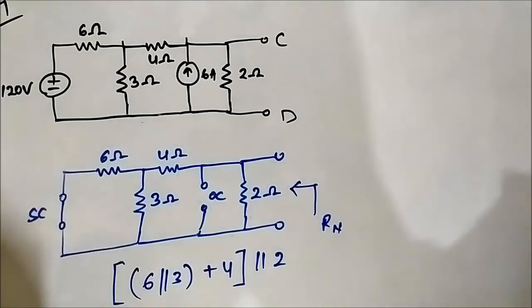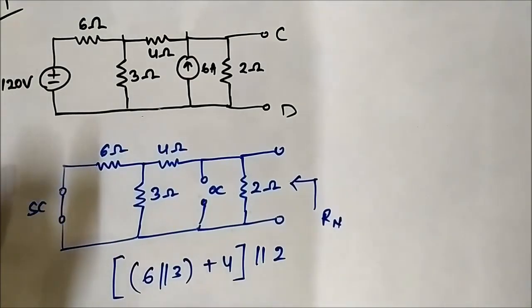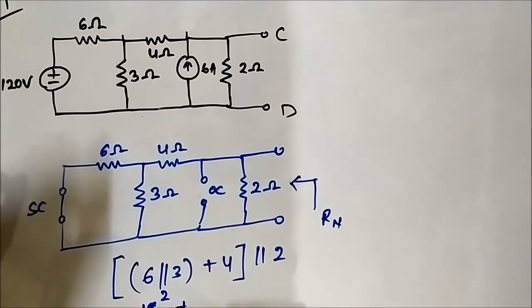So 6 into 3 by 9 is 18 by 9, which is 2; 2 plus 4 is equal to 6.